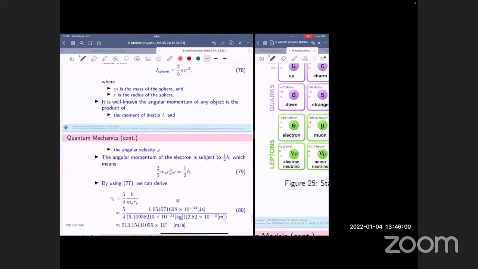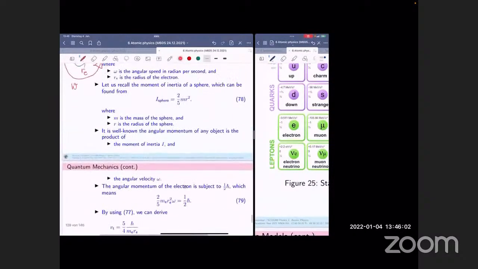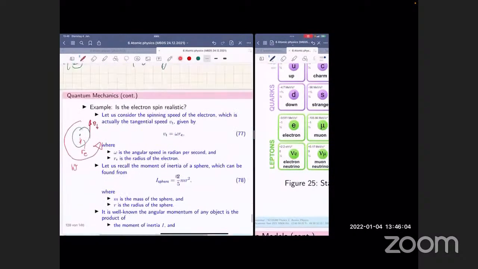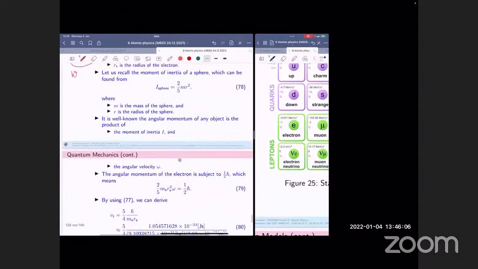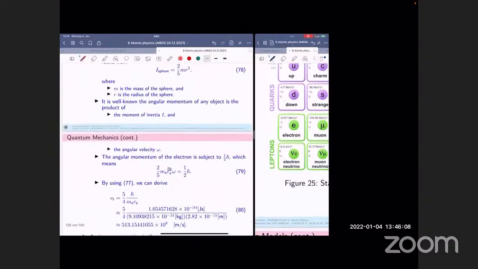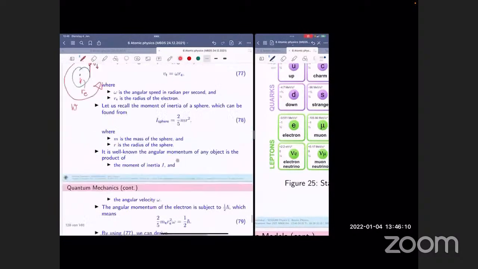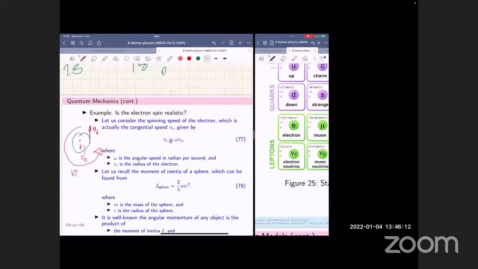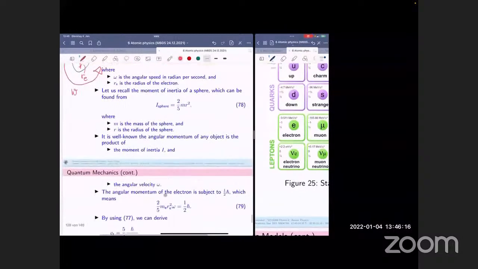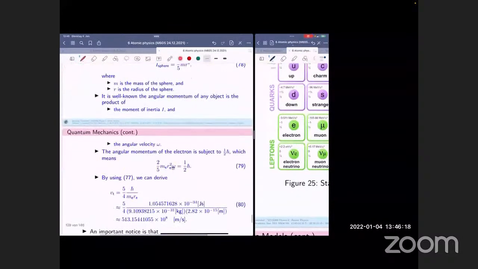Once you solve for omega, which is Vt by Re, and substitute Vt by Re for omega, you would get the value for Vt.